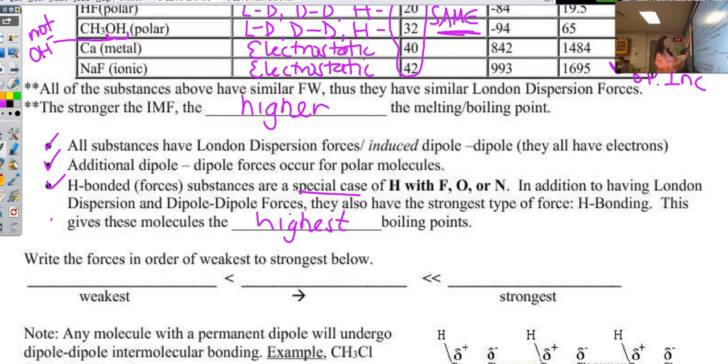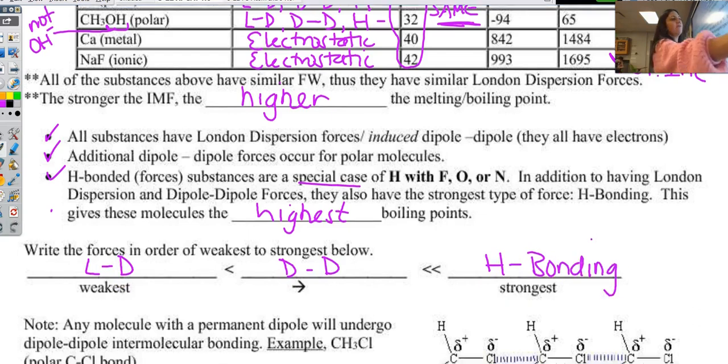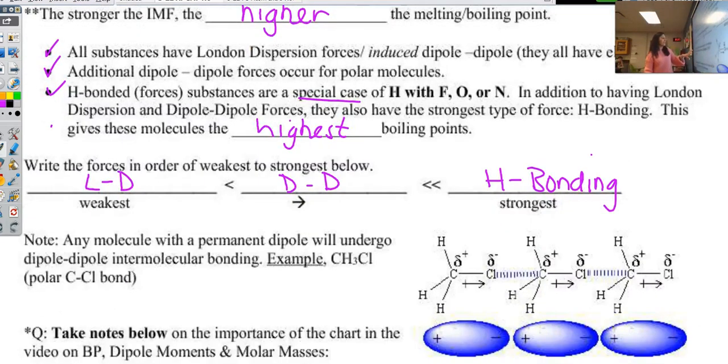The weakest is London dispersion, then comes dipole-dipole, and then hydrogen bonding as the strongest of those three. Any molecule with a permanent dipole will undergo dipole-dipole intermolecular bonding, like CH3Cl. And so we can see where those dipole-dipole forces are going to exist in between those.